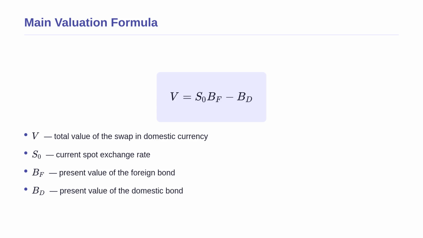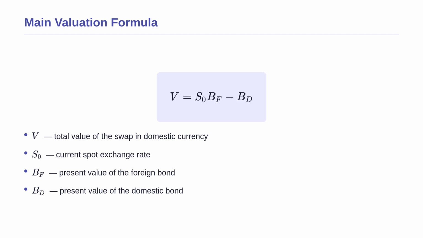This visual understanding leads us directly to our main valuation formula. V equals S0 times BF minus BD. Here, V is the total value of the swap expressed in your domestic currency. BF is the present value of the foreign bond, representing all the foreign cash flows you will receive.